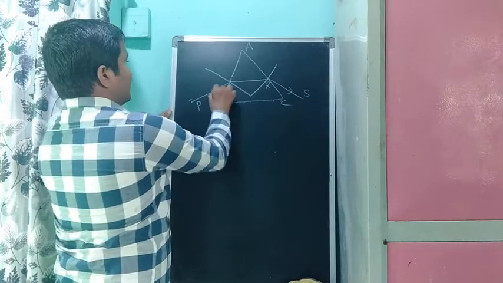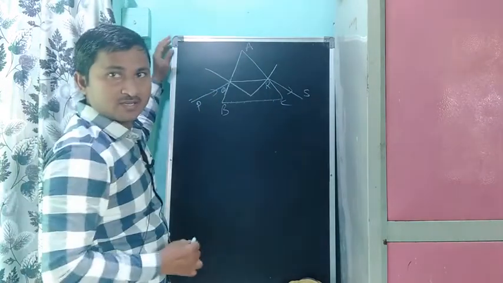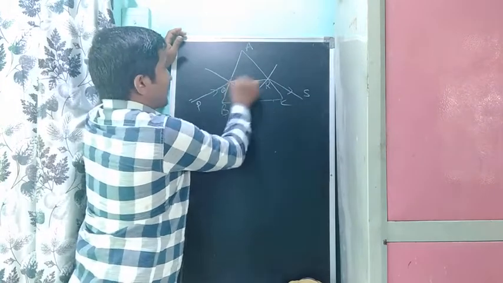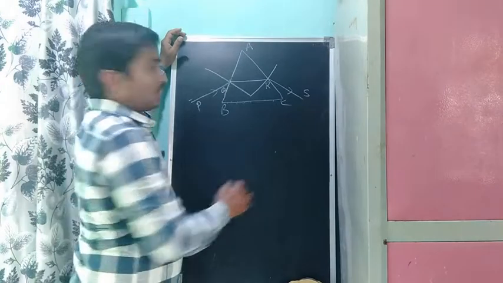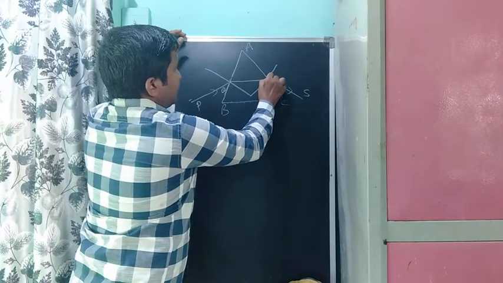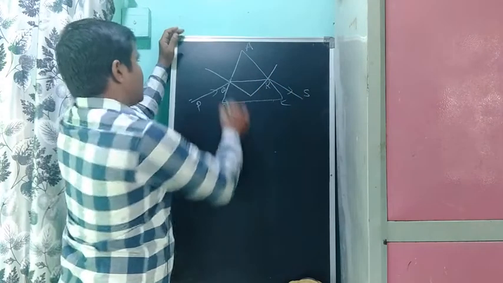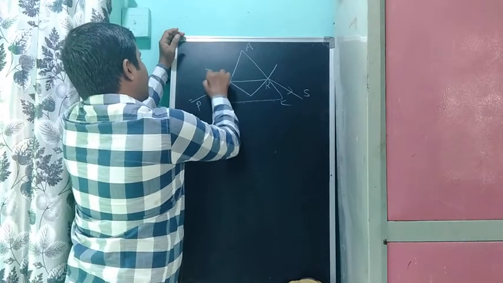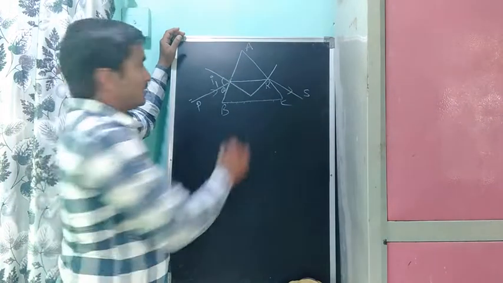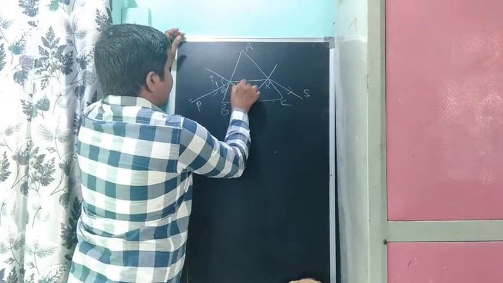The light ray PQ is incident on the surface AB. After refraction, it travels along the path QR. Again after second refraction, it is transmitted along the path RS. Here I1 is the angle of incidence and R1 is the angle of refraction.